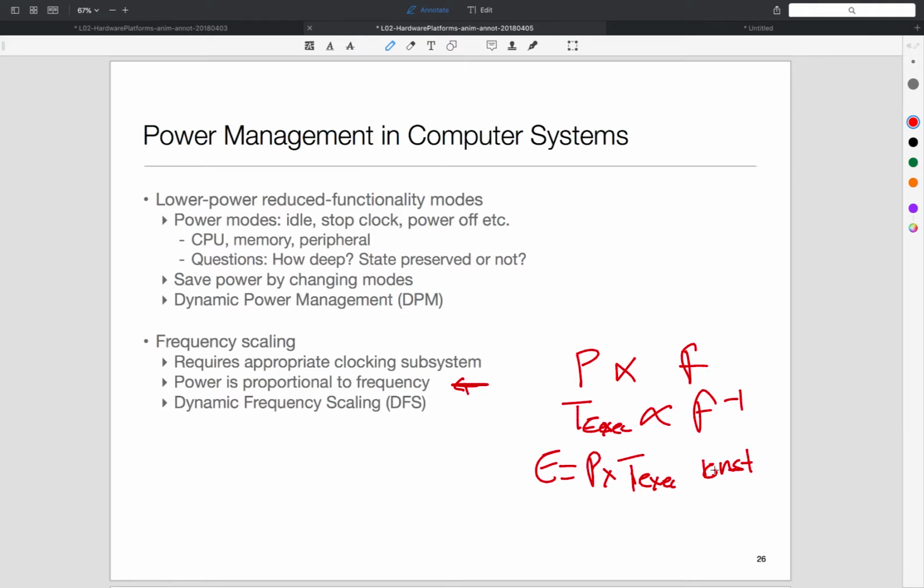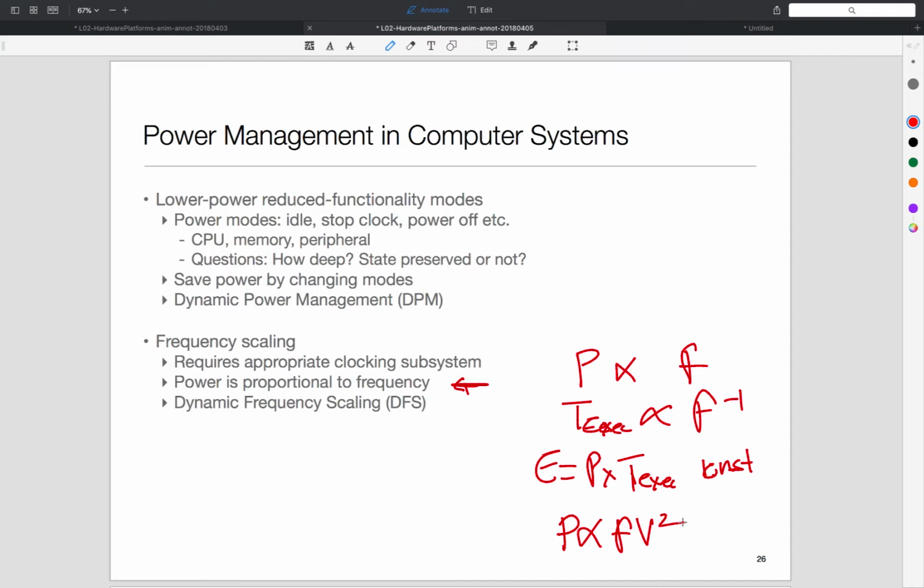Now, power is not just proportional to F. Very importantly, power is also proportional to the square of voltage in digital circuits, roughly speaking.